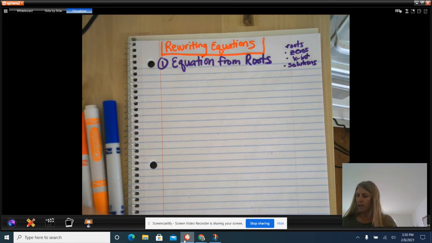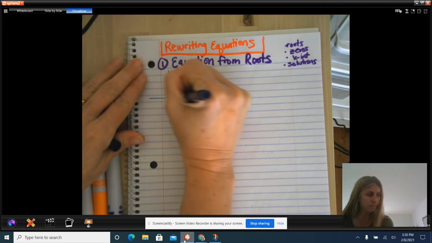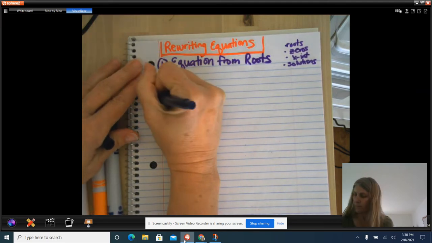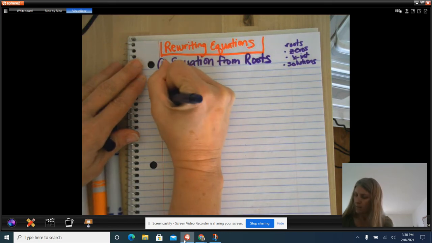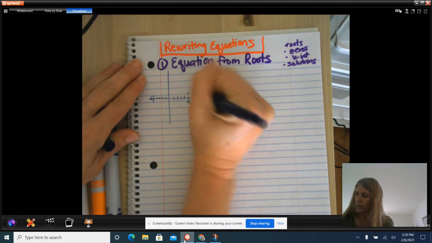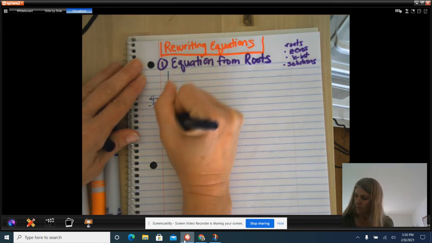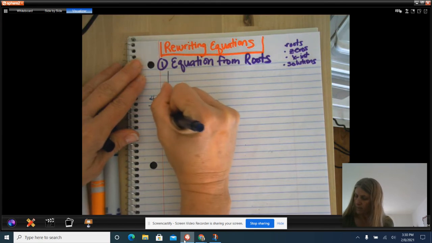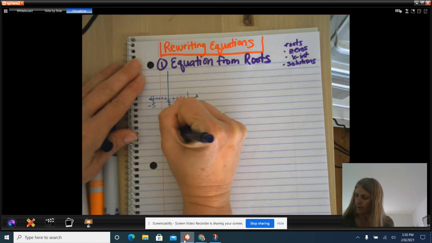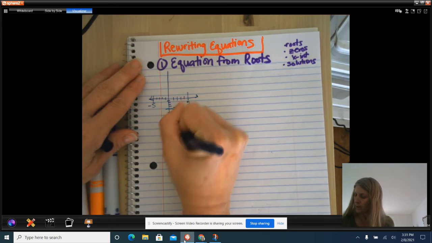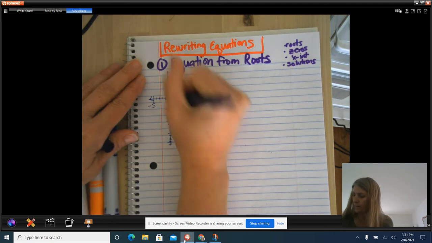So we're going to go ahead and do a quick sketch of a parabola. We're going to do our traditional 5, -5. We're going to go all the way down to 20 on our y, -15, -20.